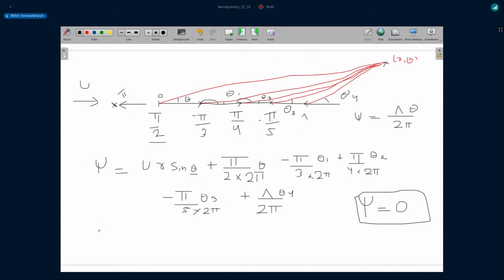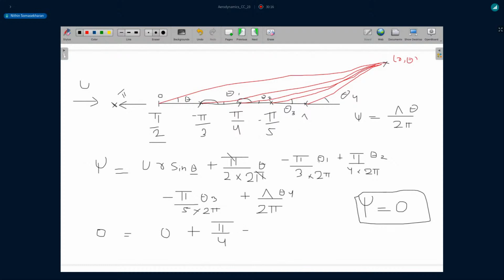So let me see. I'm looking for my stagnation point, which passes to the stagnation streamline, hence my psi equals 0. My v infinity r sine theta, so my sine pi would basically be 0. Then I have pi by 2 pi times pi. So let me cancel out these two pi's, and then theta equals pi. So this would be pi by 4, right?